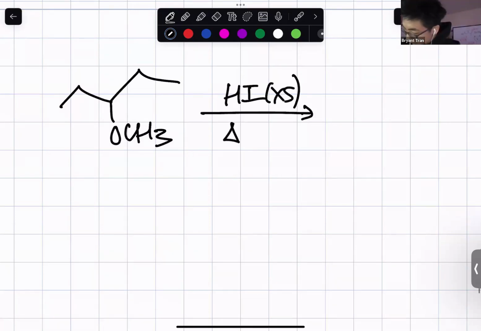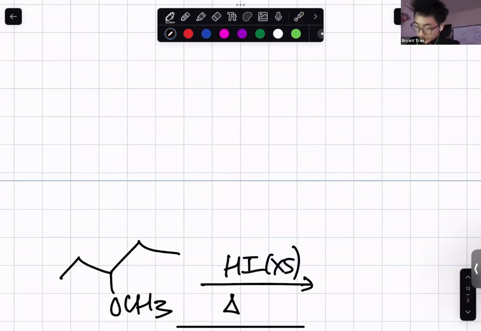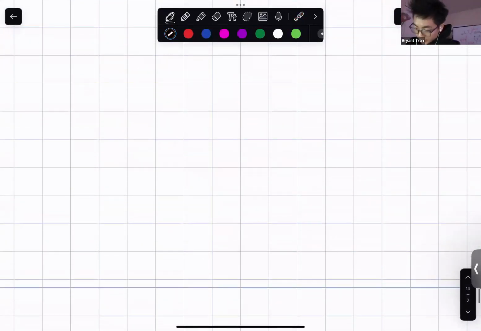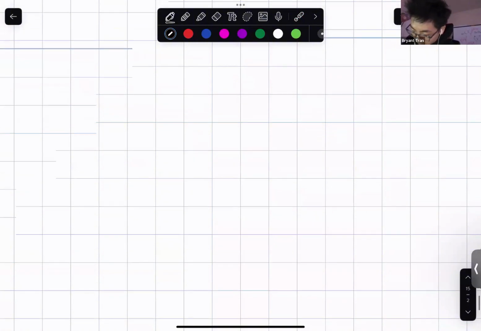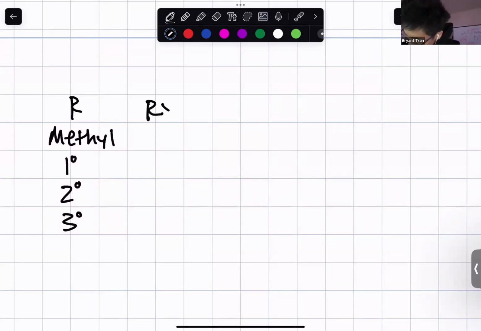So when you have an ether reaction, you're going to have to look at this chart right here, where I'm going to say that this is the R group, and it could be methyl, primary, secondary, tertiary, and what kind of reaction it's going to be, right?